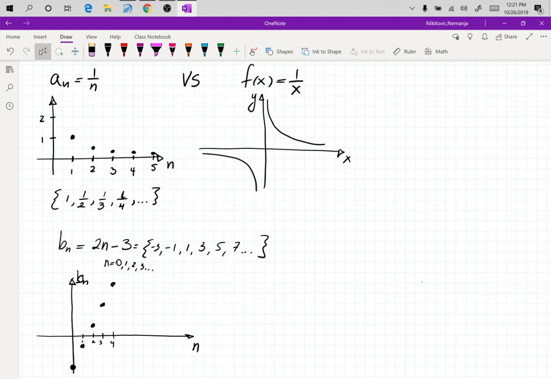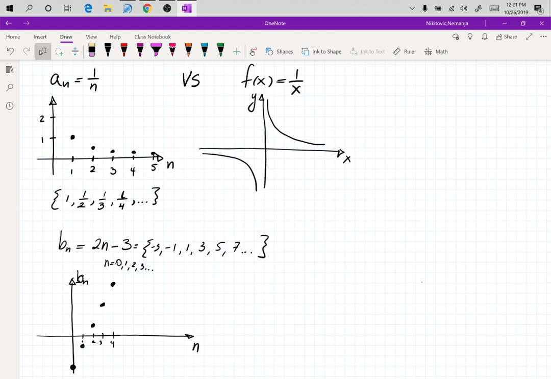We know that 1 over x has a horizontal asymptote, right? So we see that this is going to fall, and it cannot fall less than 0. So in infinity, it's going to be 0. Whereas the one on the bottom is just going to go to infinity.